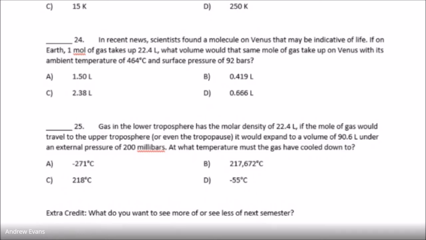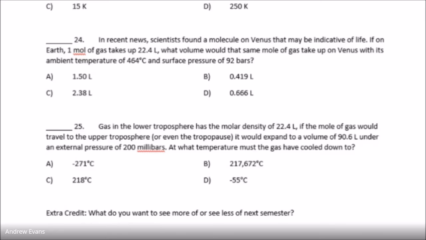The tropopause is right before it gets to the next layer. So what does the temperature cool down to? And so it's in Celsius. So the correct answer is negative 55. So really, really cold. That was the old exam. That's what I asked from them.